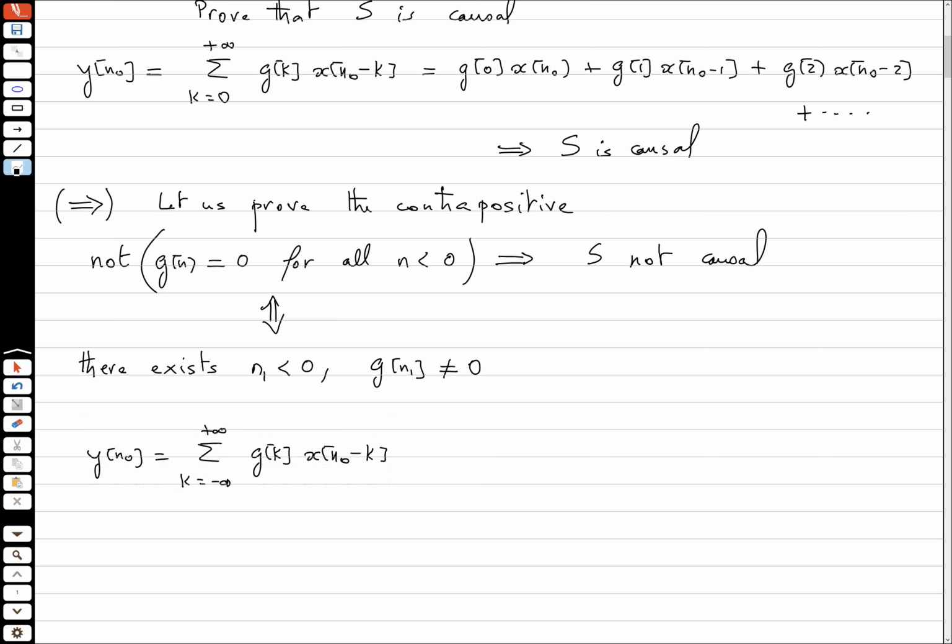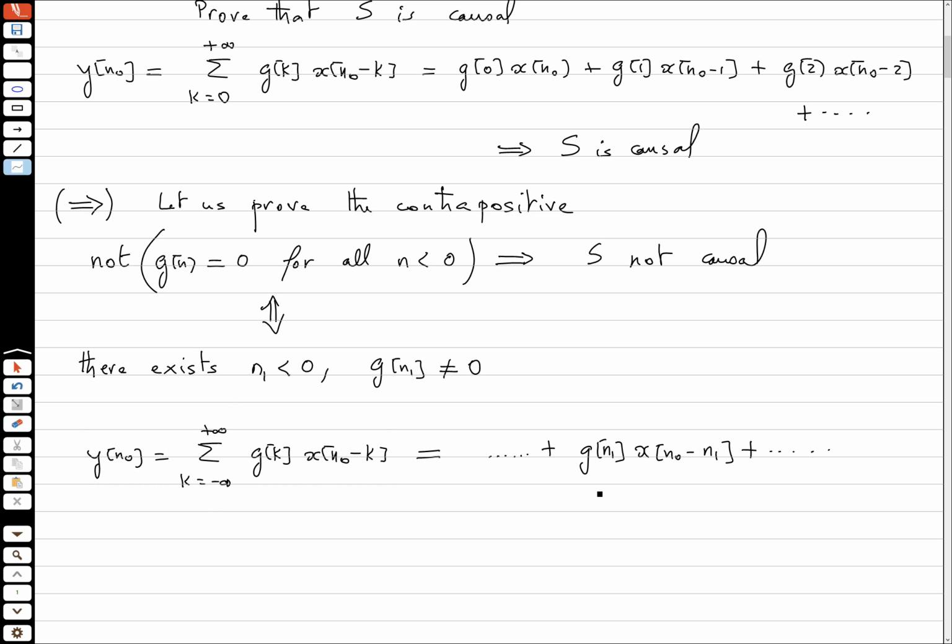Now, we know that when you do this summation, one of these terms corresponds to k equals n1, right? So in this expansion, one of them corresponds to n1. You agree? One of these terms is this one.